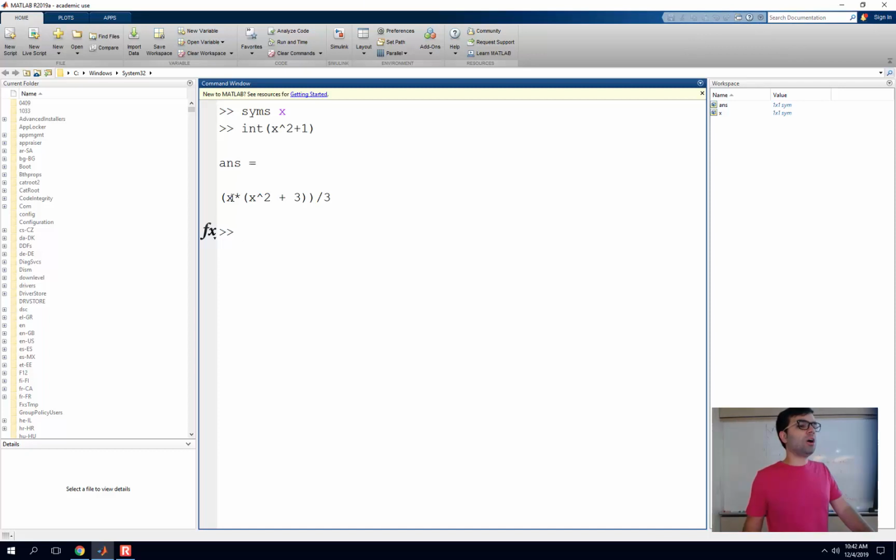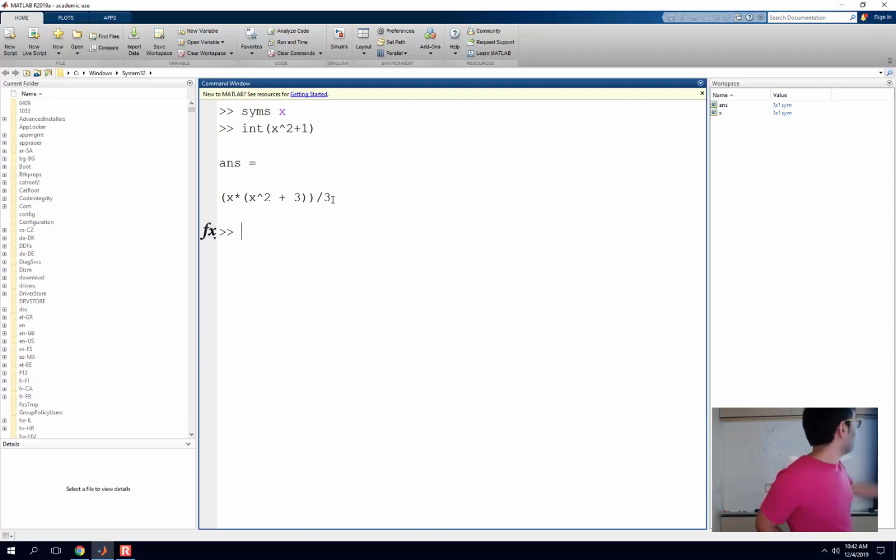So it becomes x times x squared, x cubed, plus 3 times x divided by 3. X cubed divided by 3 plus 3 times x divided by 3, x. And the constant is not basically shown.